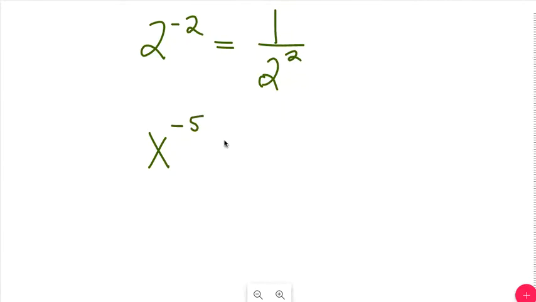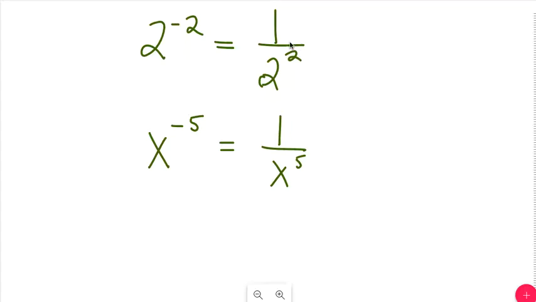So if we look at this again, we had 2 to the negative 2nd power equaled 1 over 2 to the positive 2nd power. I had x to the negative 5th equals 1 over x to the positive 5th.